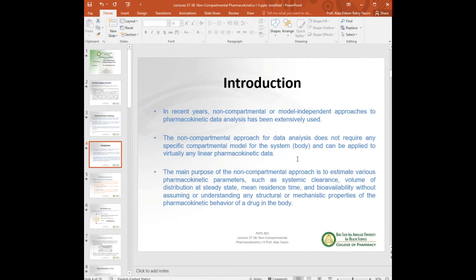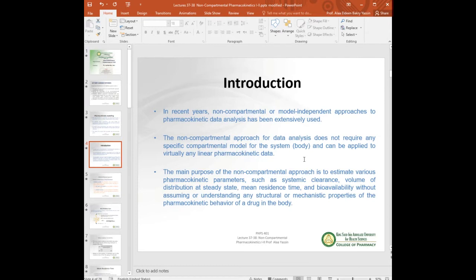The idea is that a non-compartmental approach analyzes the data without the need to differentiate between the different modes of distribution of the drug.